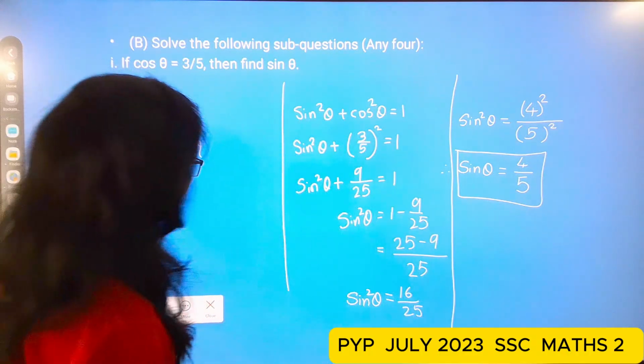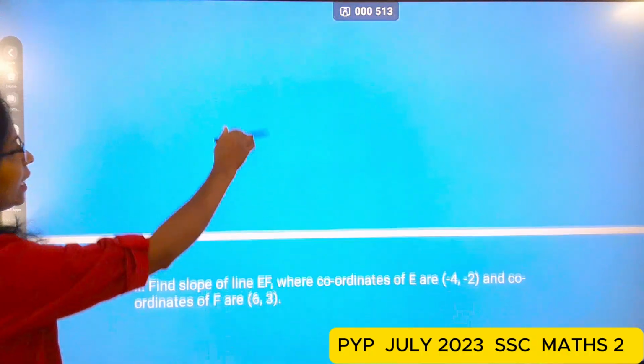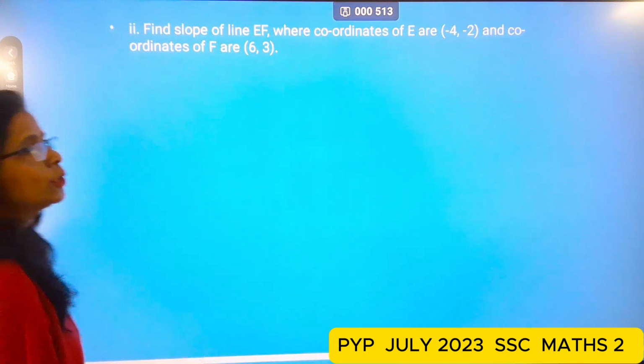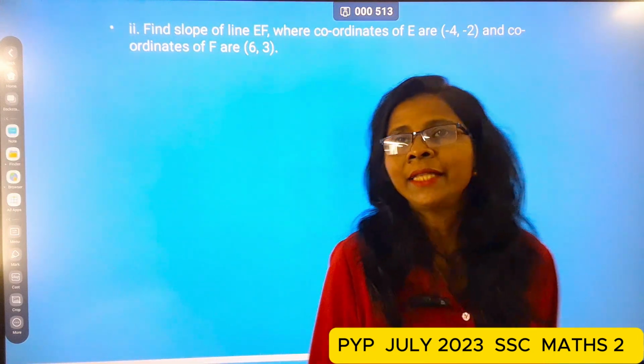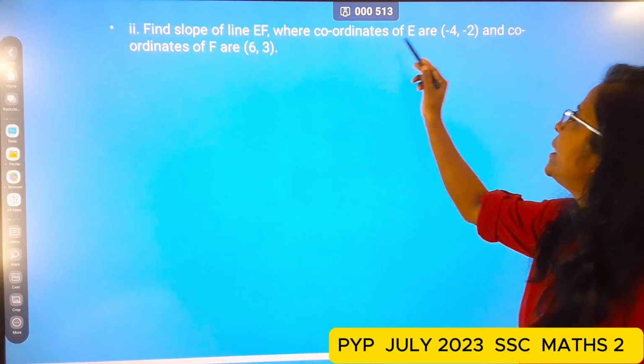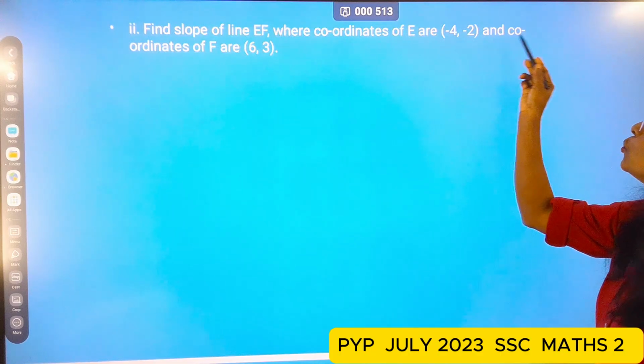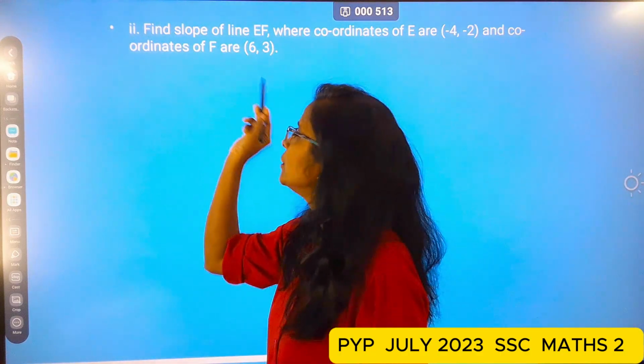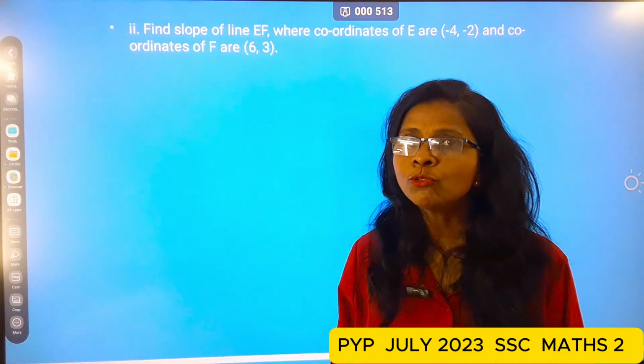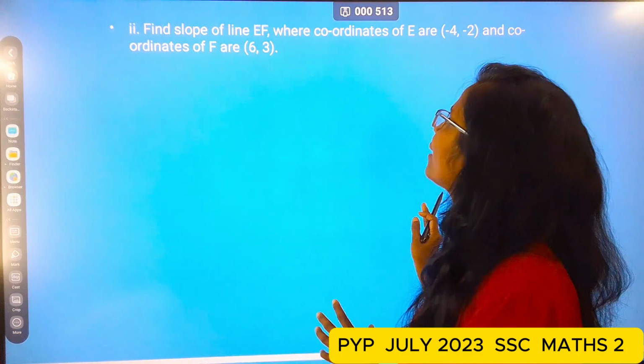Then next one, students: find the slope of the line EF, where coordinates of E are -4, -2 and coordinates of F are 6, 3. So now the coordinates are given.